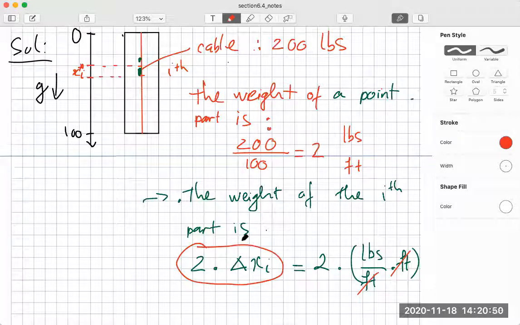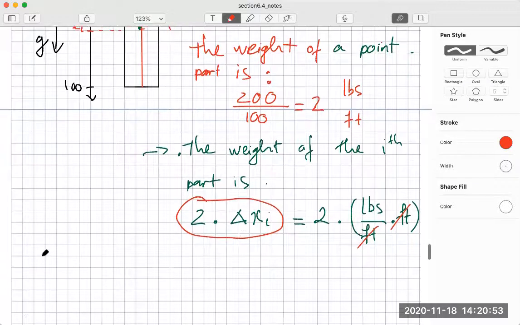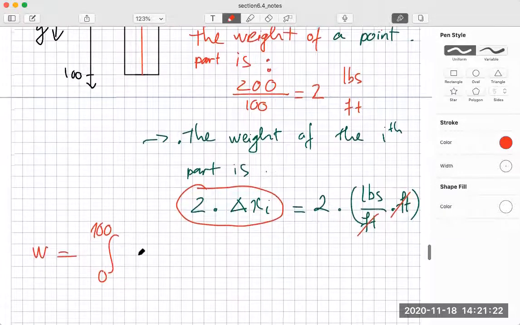Therefore, the same principle. The work done will be the integral from the origin to the end of the whole cable, from 0 to 100, right? We discretize this in n intervals, multiply with the xi here, and we have 2 times the position x dx, right?